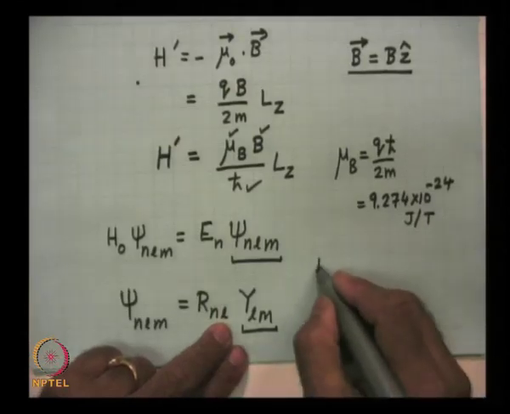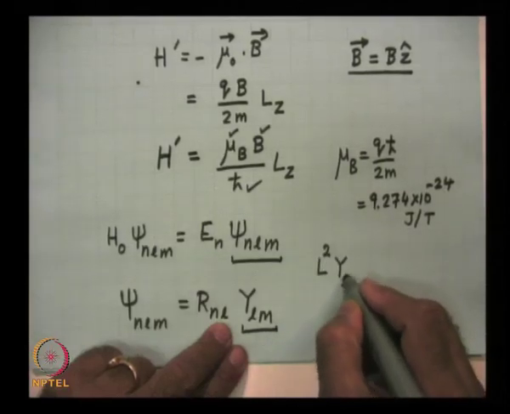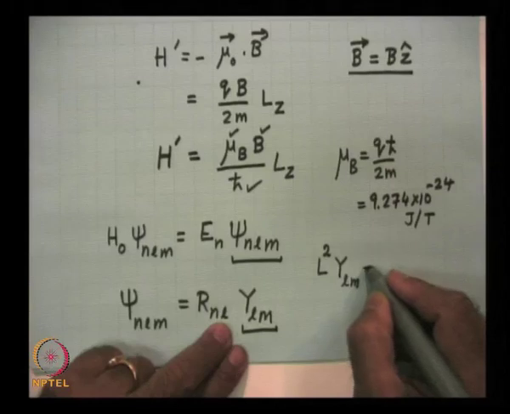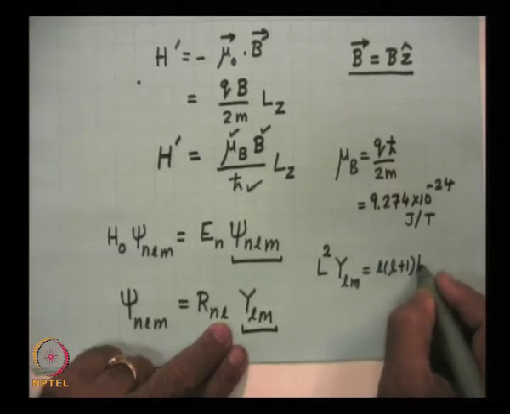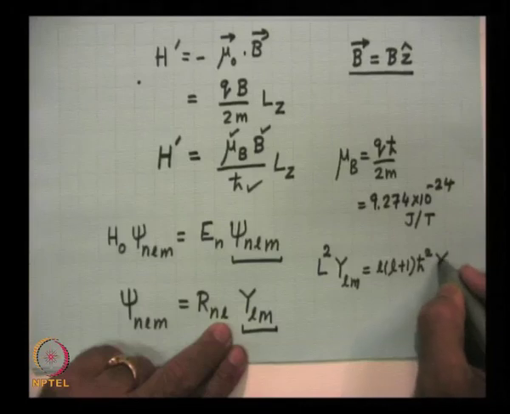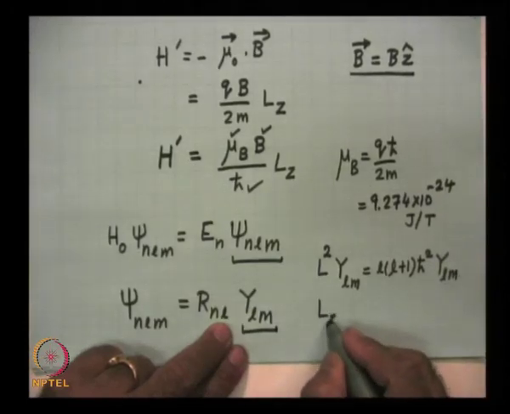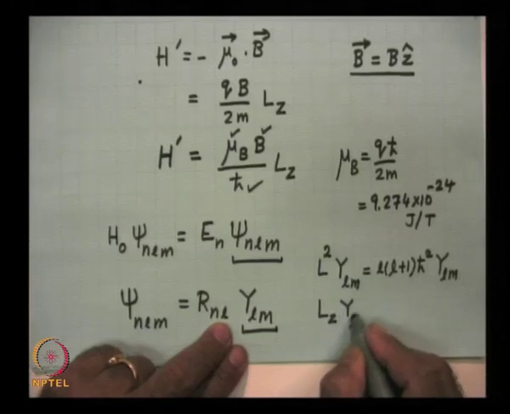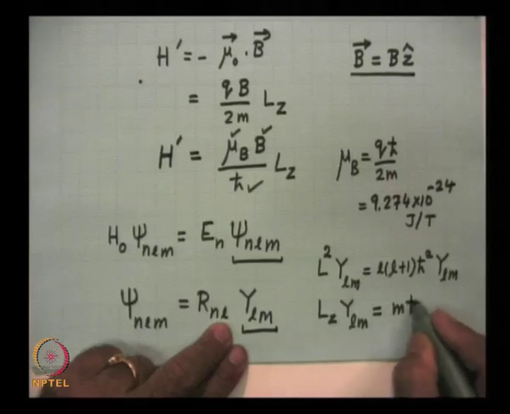The spherical harmonics are simultaneous eigenfunctions of L squared, L² Ylm equal to l(l+1)ħ² Ylm, and of Lz: Lz Ylm equals mħ Ylm.